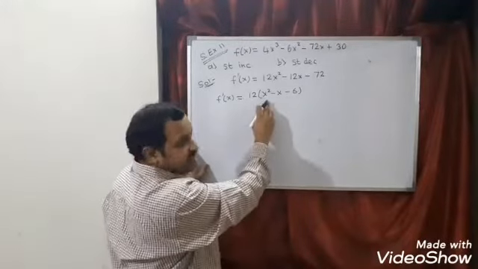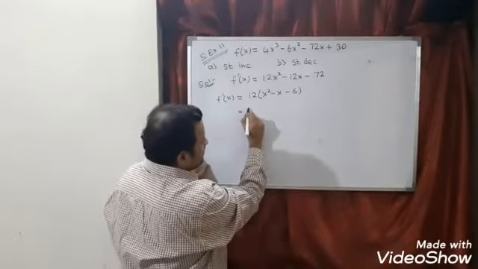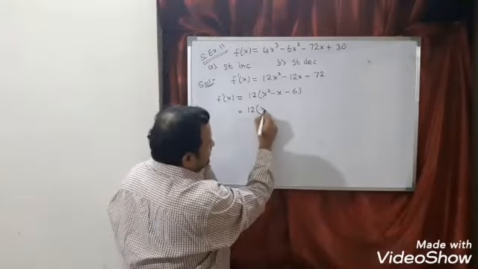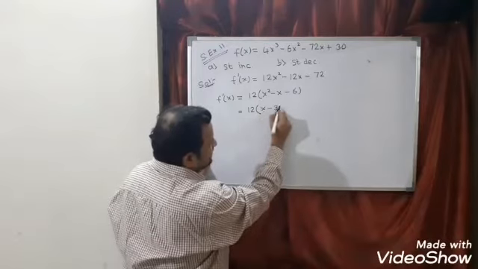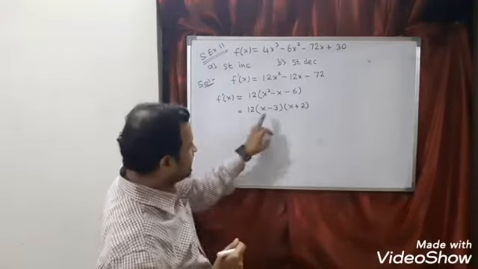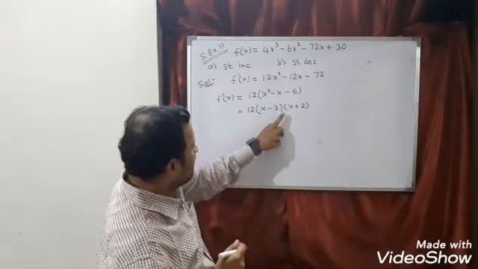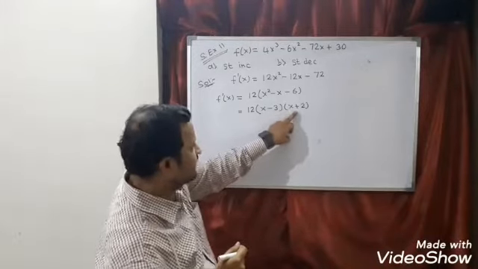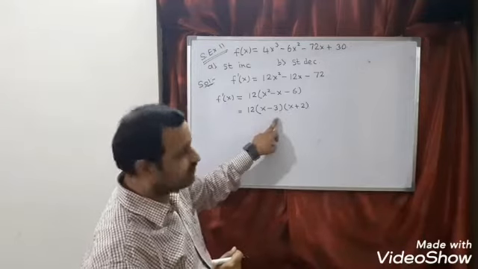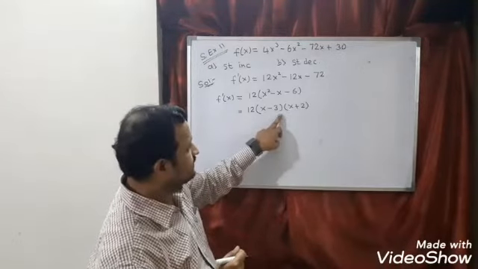Here degree of x is 2, so we can further break and write this as x minus 3 into x plus 2. Let us see, x square minus x minus 6. Yes, this is correct. So f dash x linear form is given by this.